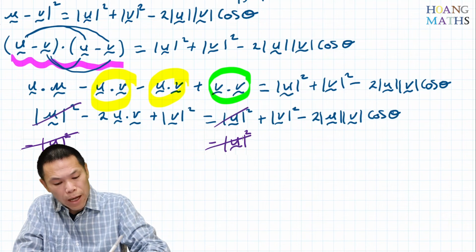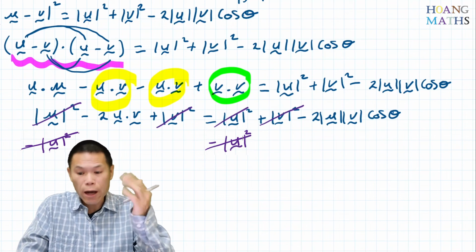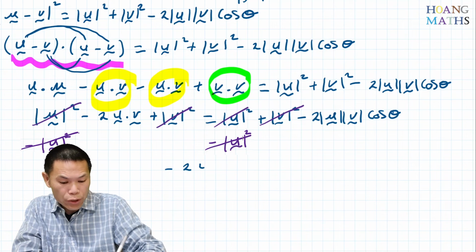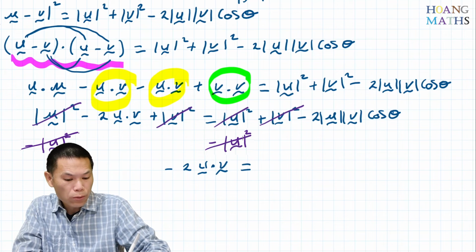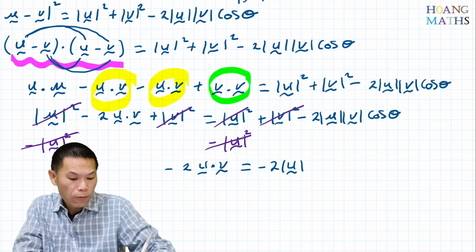Similarly, we can minus the magnitude of V squared from both sides. There you go. So now what's left is negative 2 U dot V is equal to negative 2 times the magnitude of U and magnitude of V, and then cos of the angle in between.